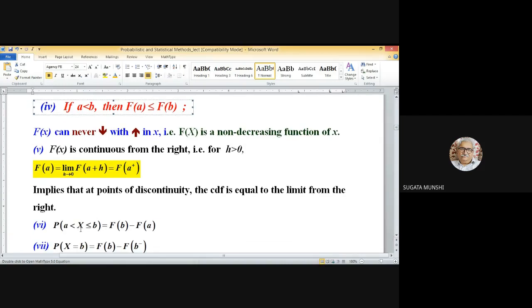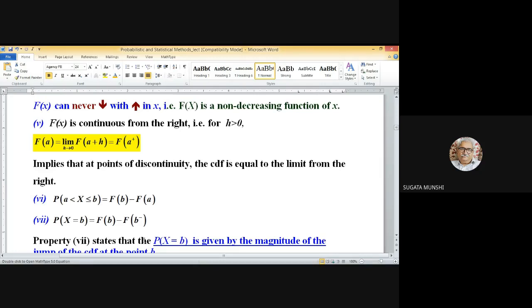Probability of capital X lying in this range A to B is F(B) minus F(A). Probability of X equal to B is F(B) minus F(B minus).